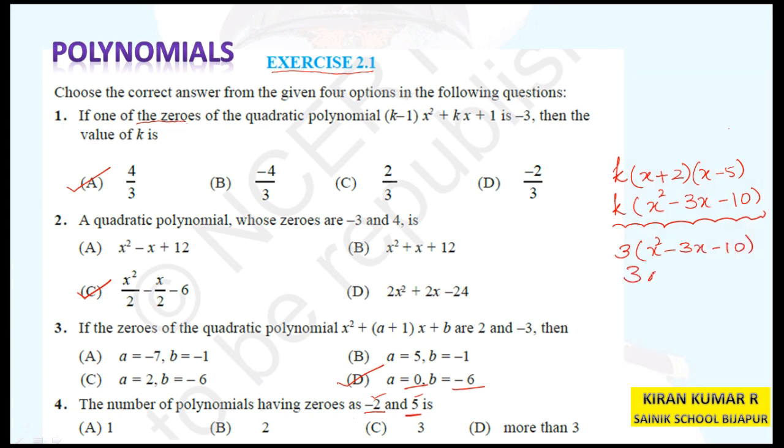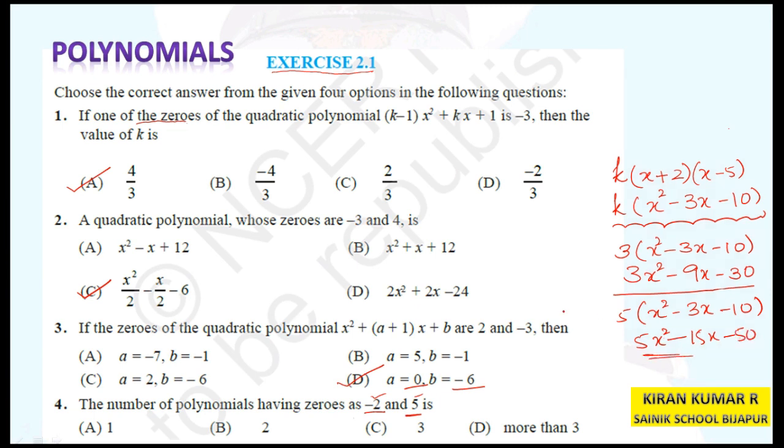So it is 3x square minus 9x minus 30. Same way, if you take the value of k as 5, we will be having 5 multiplied to x square minus 3x minus 10. So 5x square minus 15x minus 50.